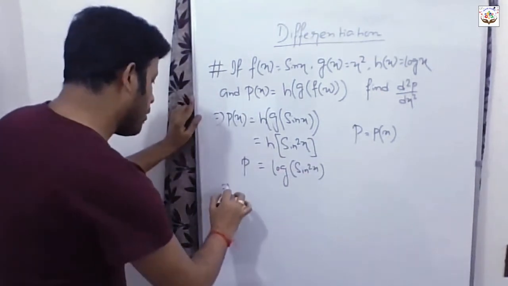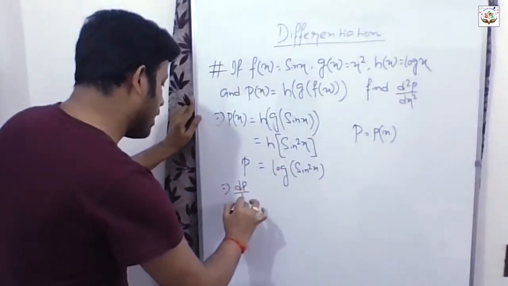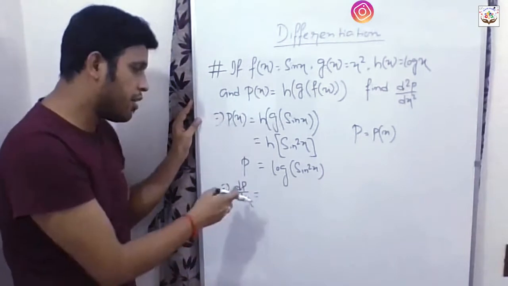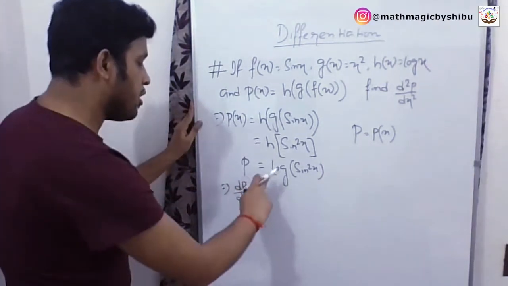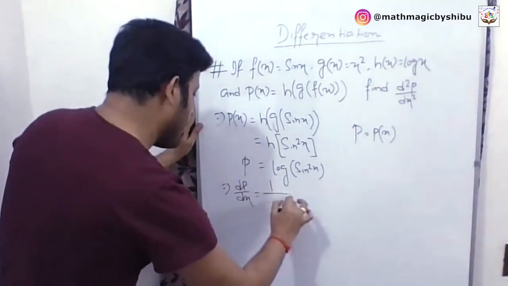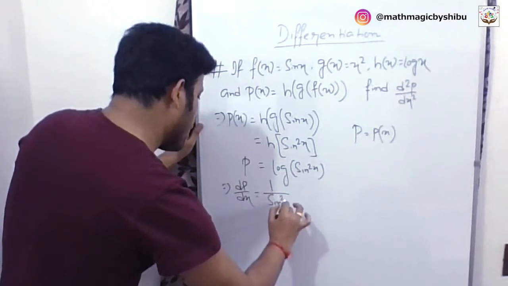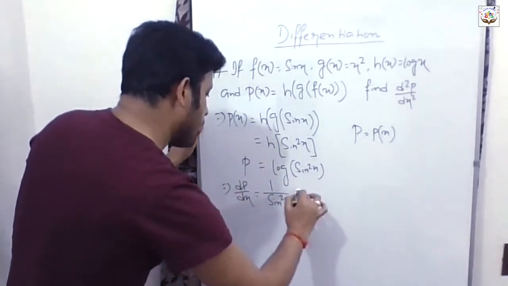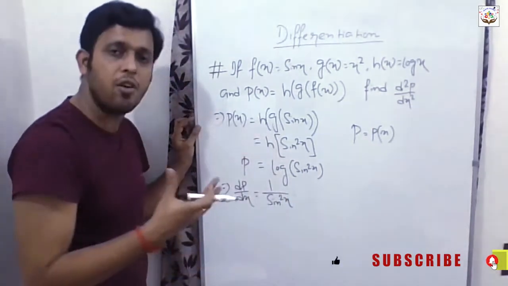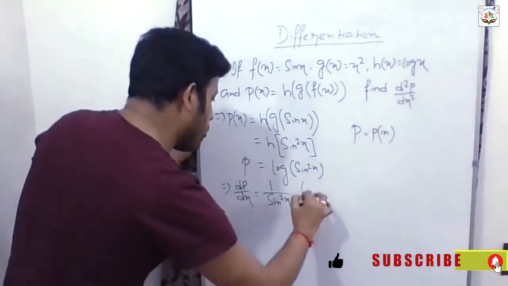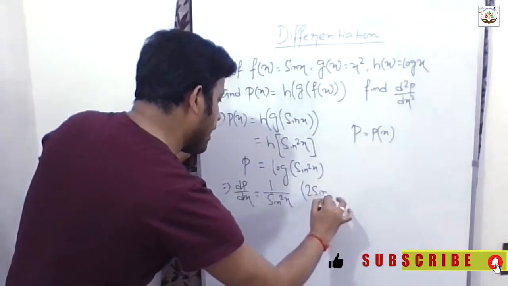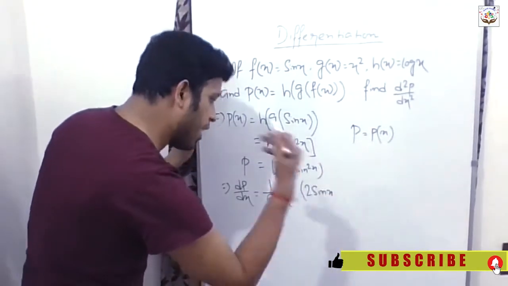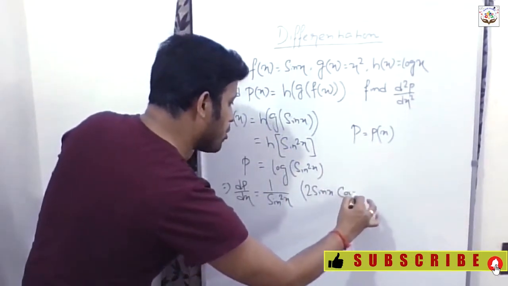Now we need to at first differentiate it once to get dp dx. We are differentiating with respect to x. So differentiation of log sin square x would be 1 by sin square x, times the differentiation of sin square x, which would become 2 sin x, and for sin x again the differentiation would be cos x.